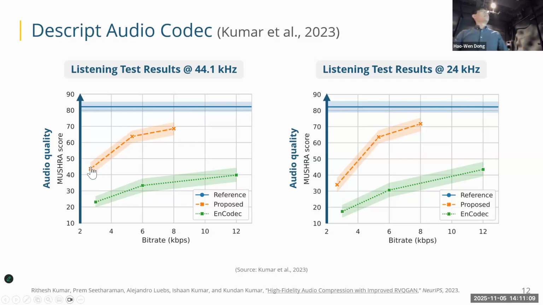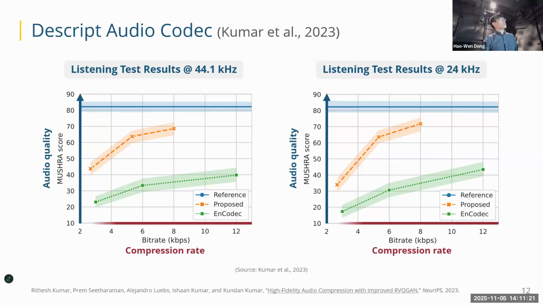So you can see at different bit rates, meaning the same file size or the same bandwidth you are using, it actually achieves a better audio quality. And the x-axis is just the compression rate. The lower the bit rate, the more you are compressing it.